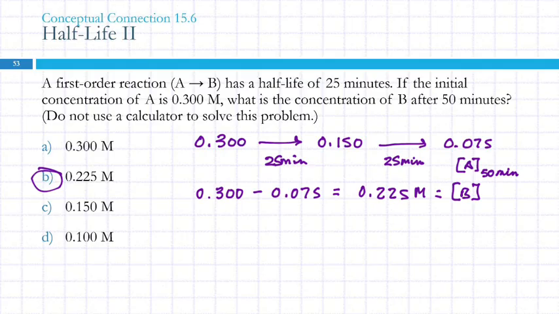We need to understand stoichiometry, that 1 mole of A makes 1 mole of B. So when I lose 0.15 moles of A, I'm going to gain 0.15 moles of B. And here, I'm losing 0.075, I'm going to gain 0.075. I think the best way to answer it, though, is to find the concentration of A at the end and then convert that into B. Any questions?